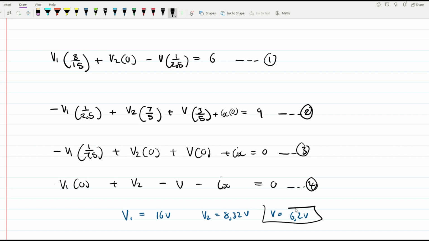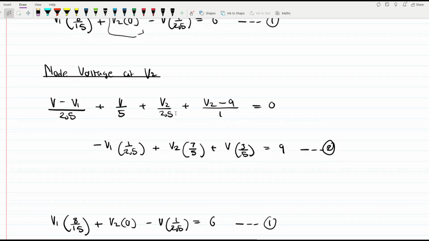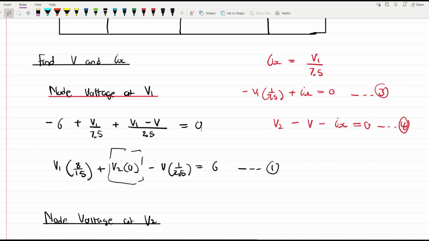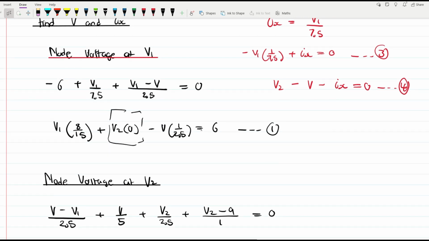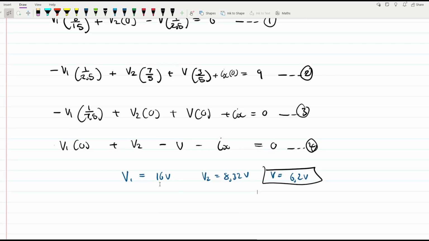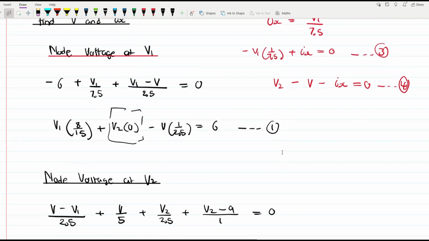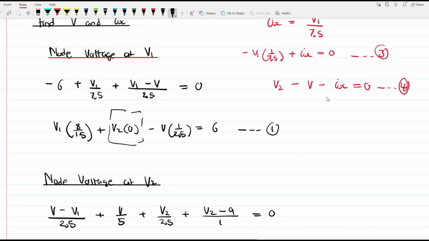So what we have to do now is to solve for Ix, because we were asked to solve for Ix. So now that we have V, how can we find Ix? So we have V1, V2, and V. So we can go back to this equation right here. So equation 4. So we can take that Ix to the other side. So now we have V2 minus V is equal to Ix.